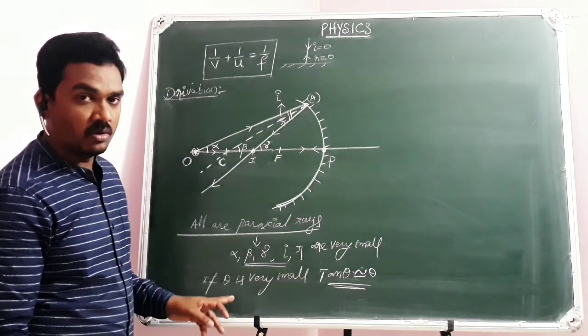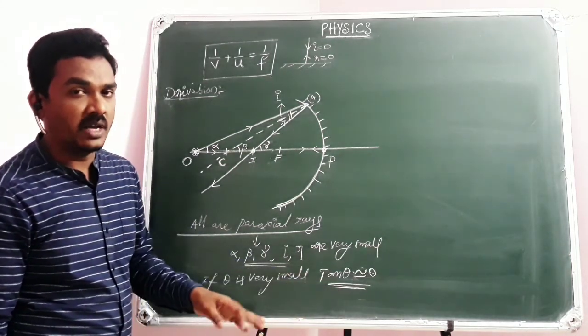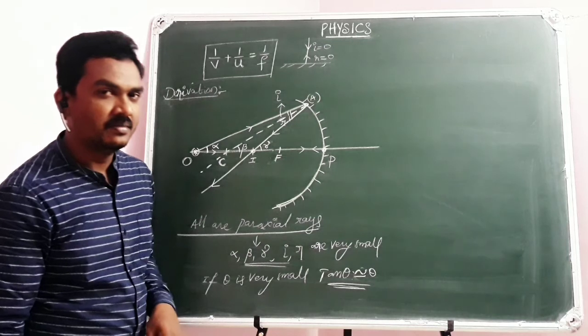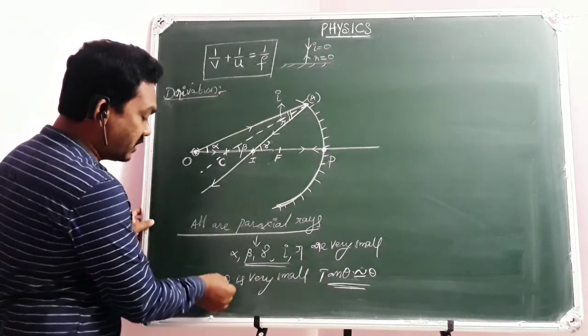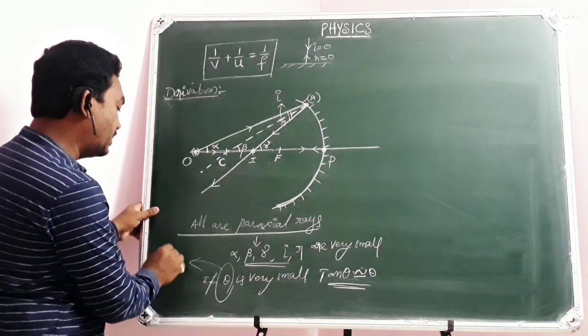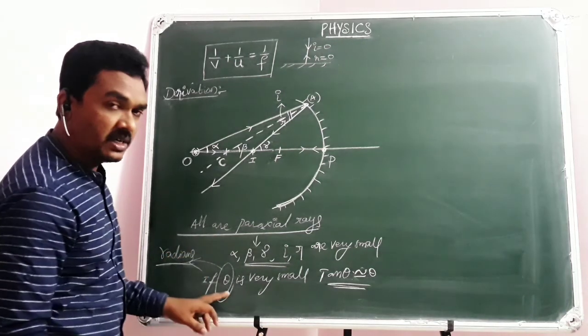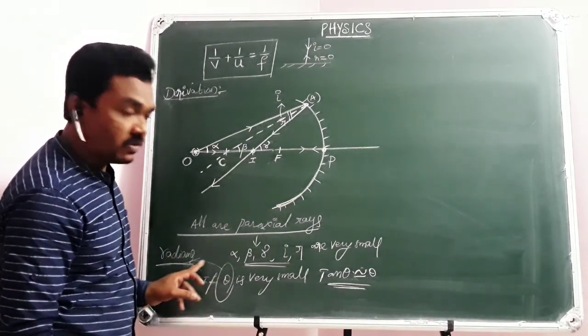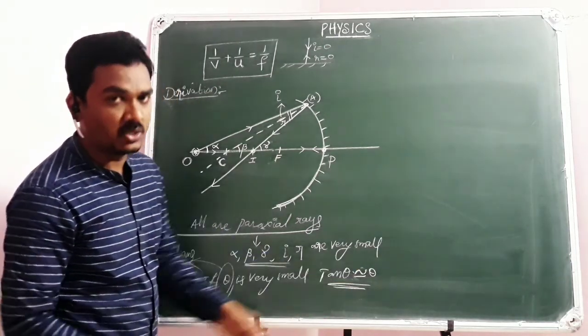Sir, if theta equal to 1 degree, very small, then shall I write tan theta equal to tan 1 degree equal to 1? No. Theta is very small in the sense theta must be in terms of radians. Theta must be in terms of radians, don't forget. With a very, very small value, then tan theta can be approximated to theta.